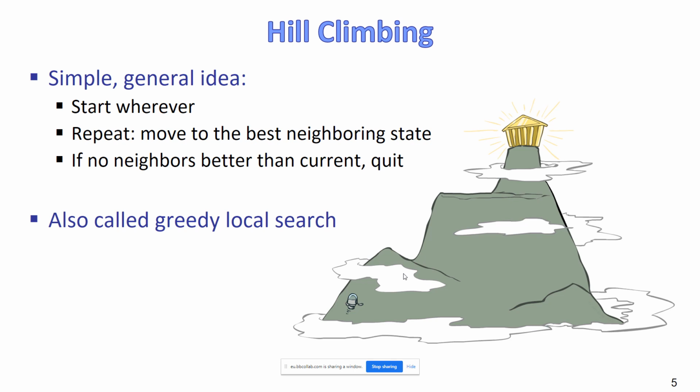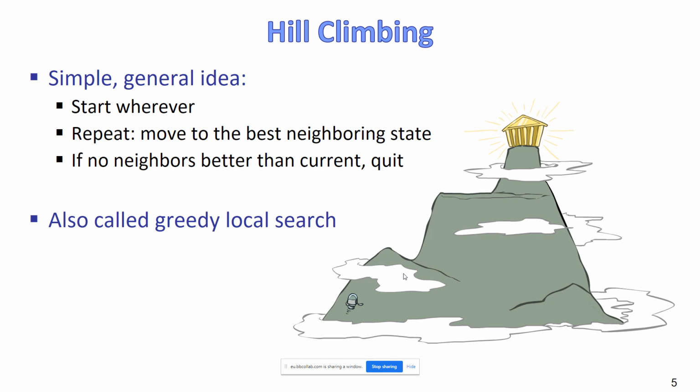But if it's not that sunny, it's cloudy, it's dark, you don't see the whole picture, but you just see around yourself, then what you can do is touch the surface around you. You want to go up, right? So you touch the surface around you and you see in which direction the surface is going up, and you go in that direction. That's simply the idea of hill climbing.